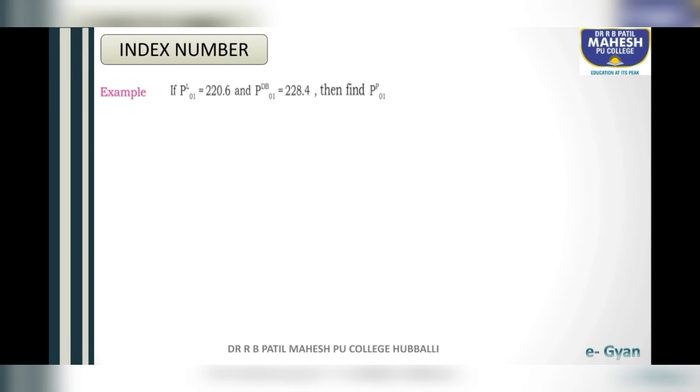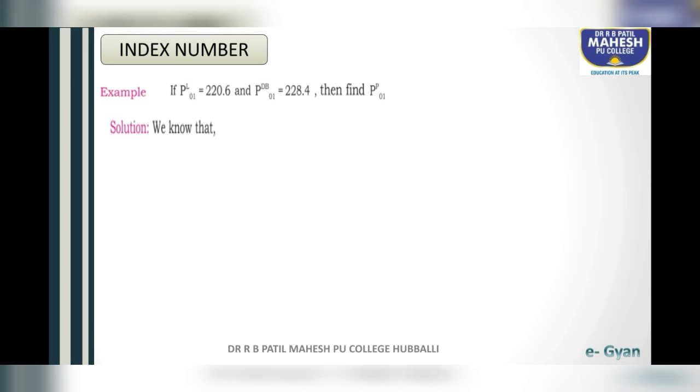Okay students, take the next example. These are for 2 marks. If P01 of Laspeyres is equal to 220.6 and P01 of Drobisch-Bowley is equal to 228.4, then find P01 of Paasche. Here Laspeyres is given, Drobisch-Bowley is given, and you have to find P01 of Paasche.